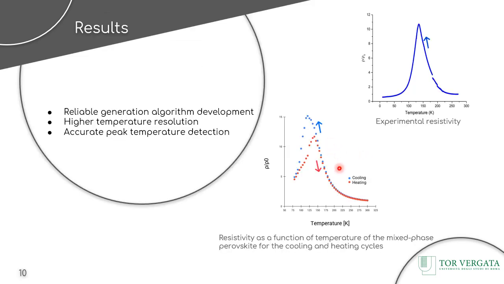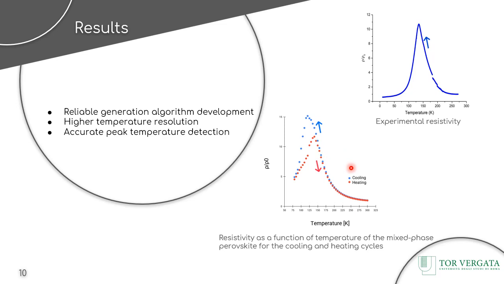This plot shows the resistivity as a function of the temperature for the generated maps. Here each dot corresponds to a different map, and the tetragonal phase percentages have been set by the interpolation functions shown before.